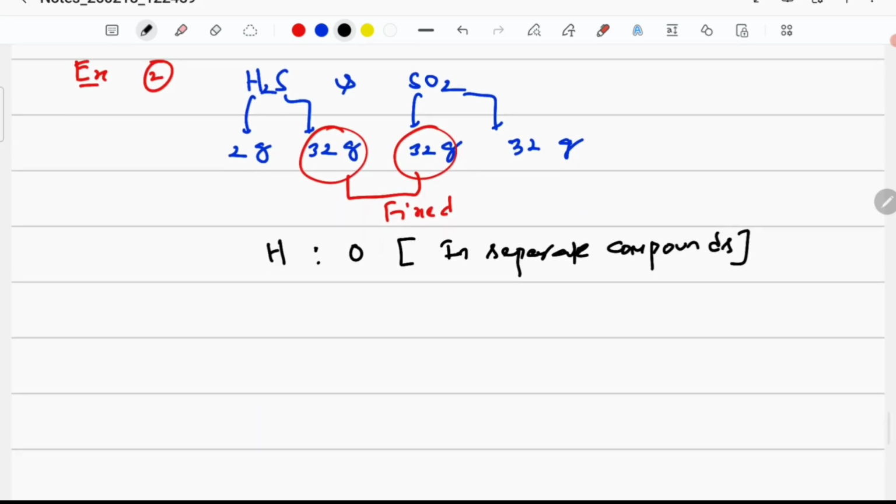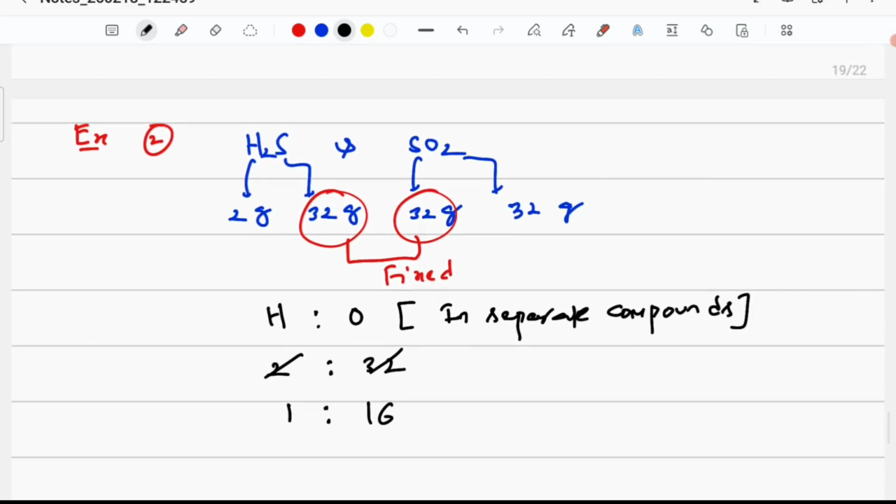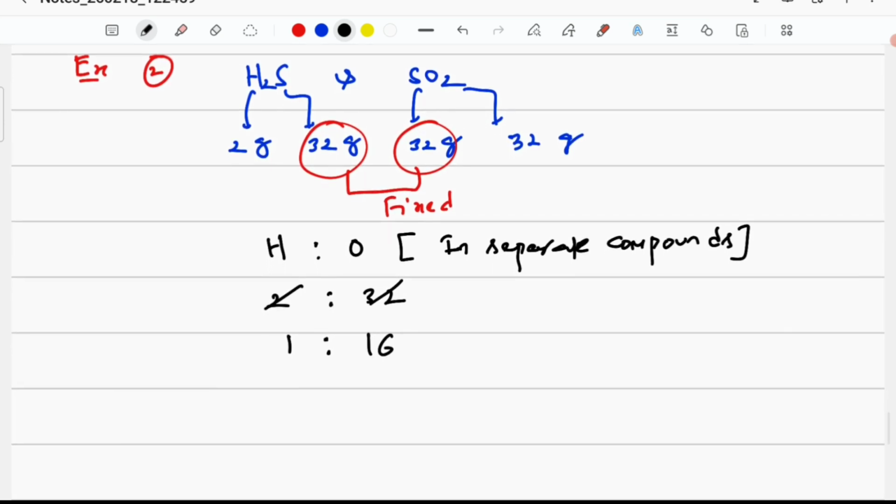How much are we getting? Here hydrogen is 2 grams, oxygen is 32 grams. So here we are getting 1 is to 16.